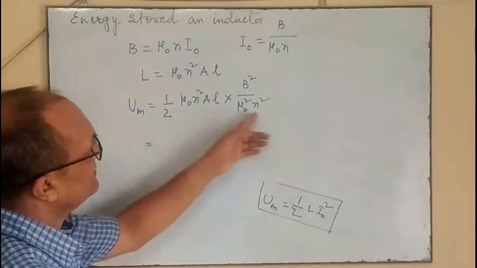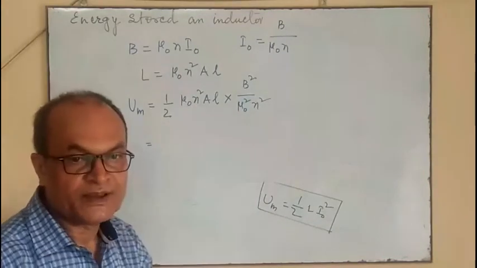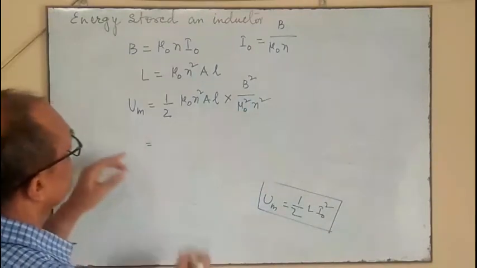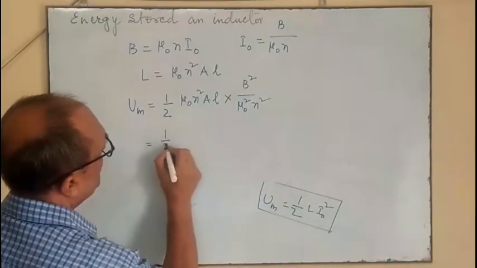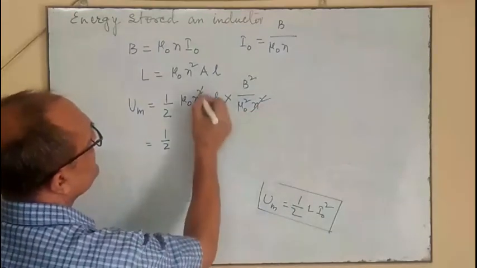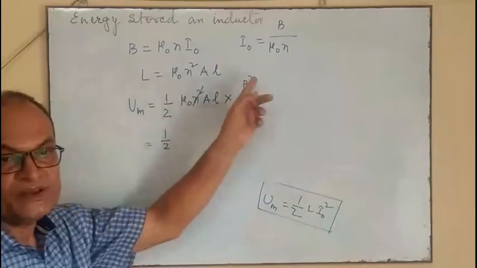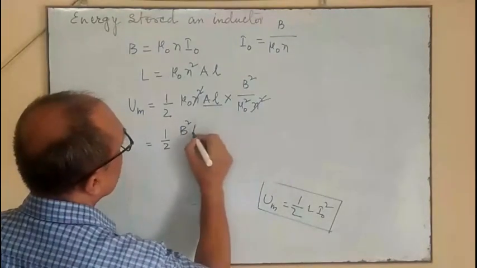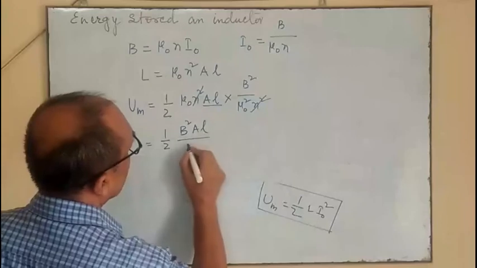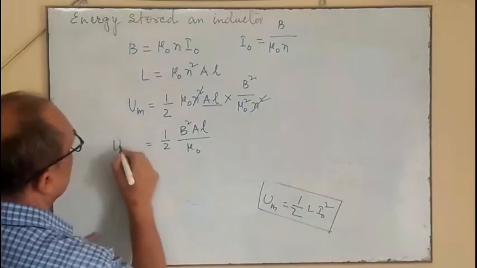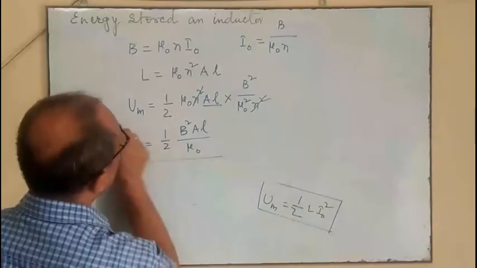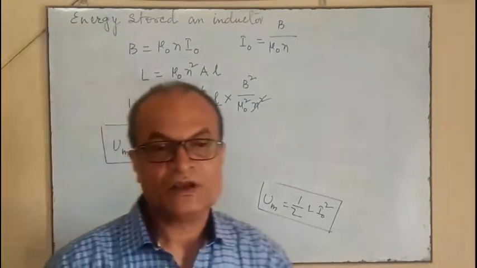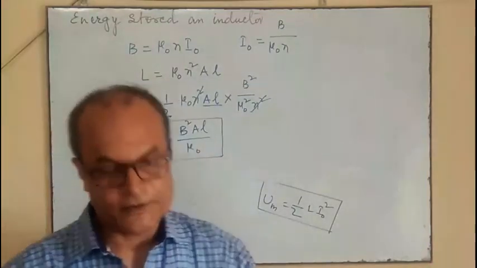Here these two N square will be cancelled, and one mu naught from here will be cancelled. Here 1 by 2 remains. Here B square A L by mu naught. This is the other expression for the magnetic energy stored in the solenoid.